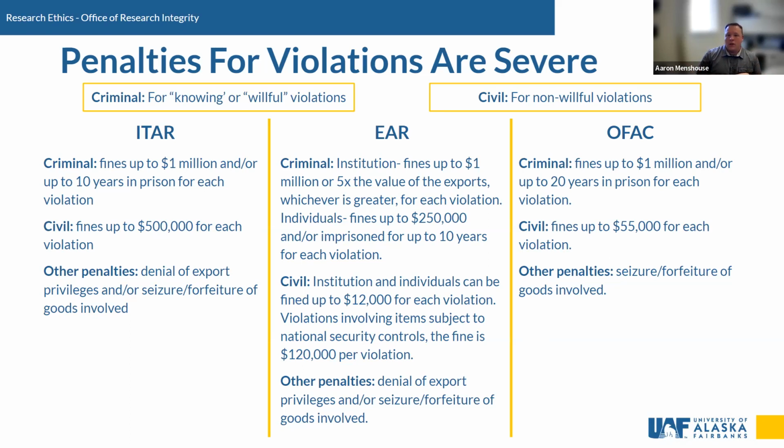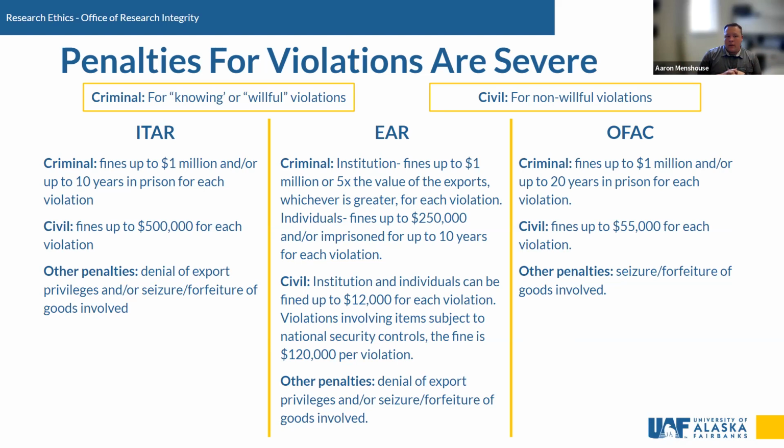and they all come with the same penalty. So if it was just an accident, we could end up with civil fines, and we can end up with that compounded 10 times. If it was a piece of military technology, the researcher and or the university could be fined 10 times that amount.